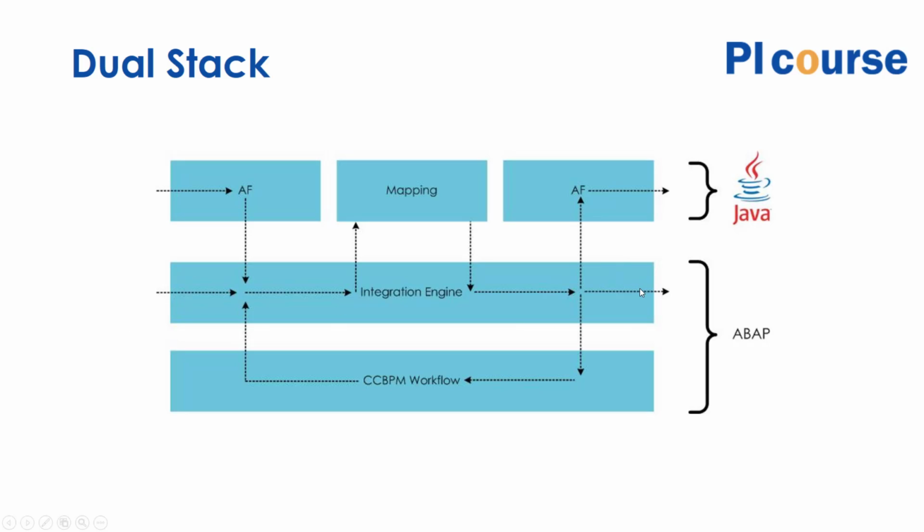So in some scenarios you'd use the ABAP, the Java to send messages. Others you'd use the ABAP to send messages. And if you had to do a process, a ccBPM, you would have to send it into the ccBPM component that would run it, send messages back, and go through the flow again.